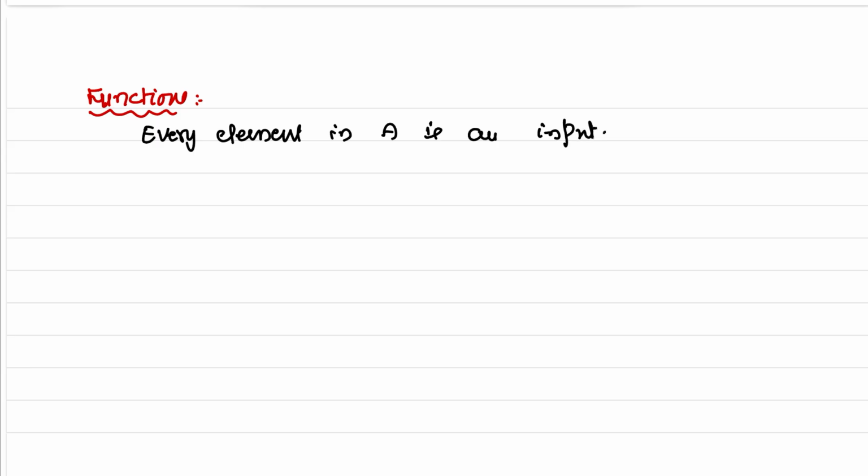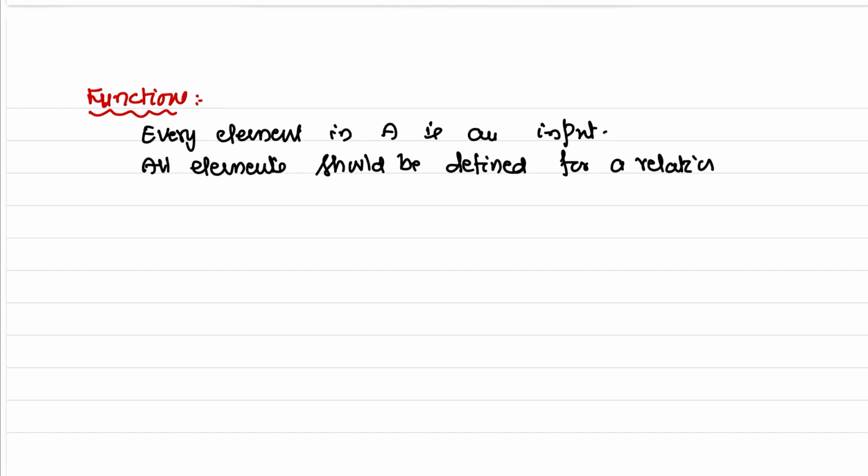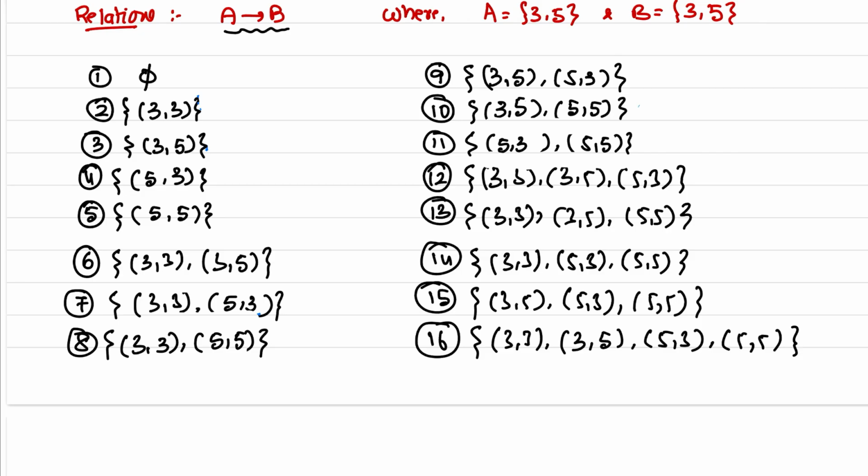Let us take it in practical sense. All elements should be defined for a relation in A, and these should have output in B. For example, in 3, 3, the relation is there between 3 and 3, but for 5, there is no relation.